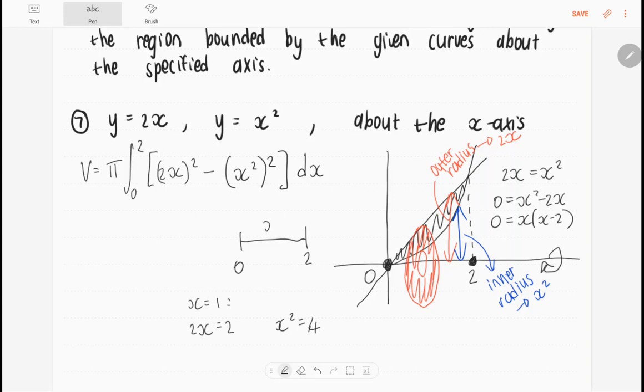So you'll clearly see that x squared is on top and 2x is on the bottom. And it cannot change inside that interval since they only intersect at 2 places. So if they intersect at 2 places, that means we have one interval, and you can find which one is on the top and which one is on the bottom.